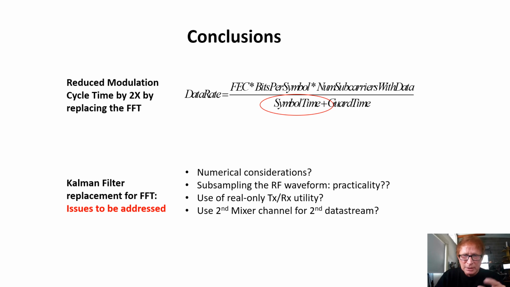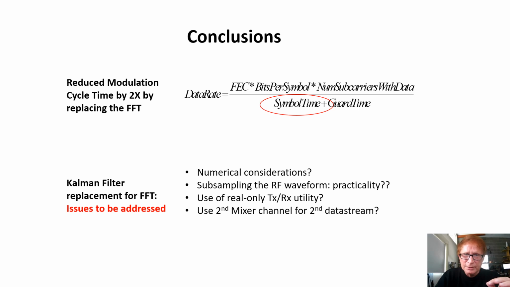In summary, we have replaced the FFT processing in the receiver in order to remove symbol time constraints that were imposed by the FFT. We also have enabled both an arbitrary frequency plan layout for the subcarriers and arbitrary digital sampling plan, both of which were constrained by the selection of the FFT.